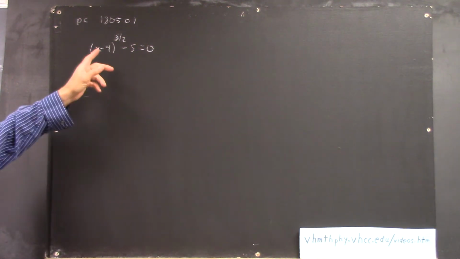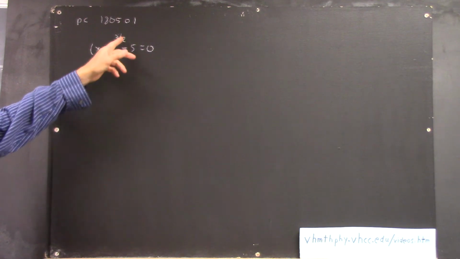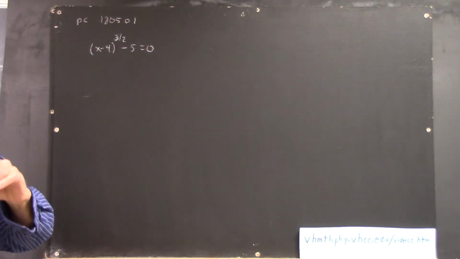Well, x minus 4 is tied up in that 3 halves power, right? We're going to want to get the first power of that so we can get a hold of x, right?